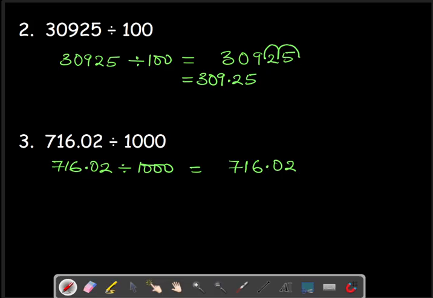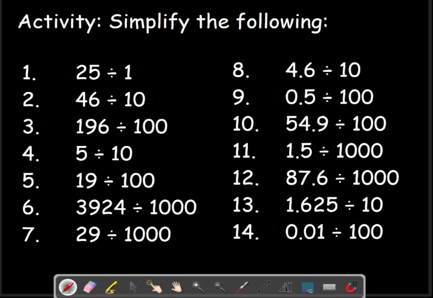So we shift it backward 3 times: 1, 2, 3. The point is here, so we can't just start with the point, we need to put 0. So our answer there will be 0.71602. I believe that's the last example we have.